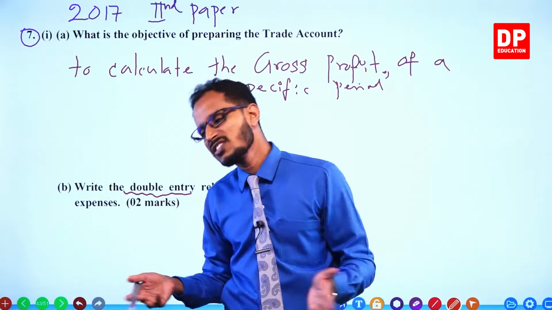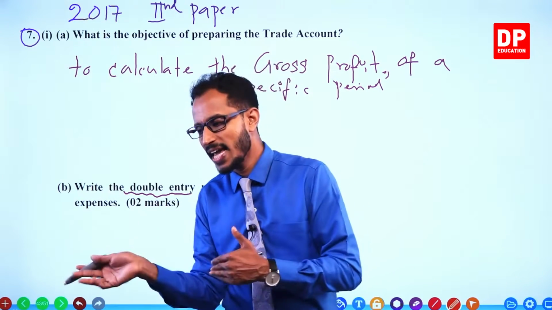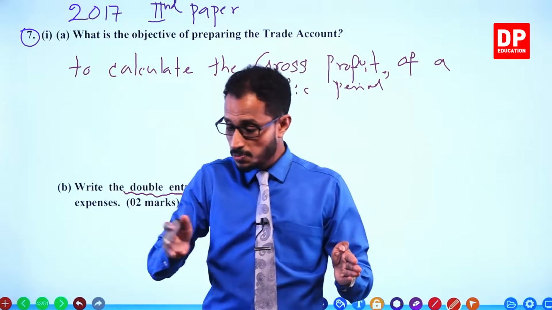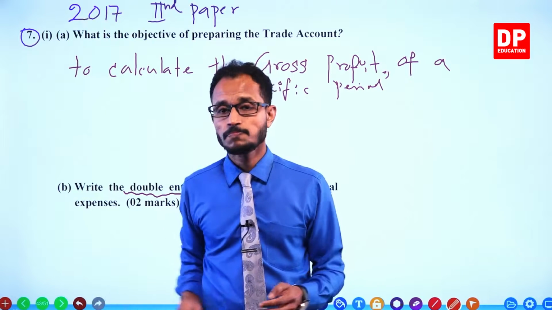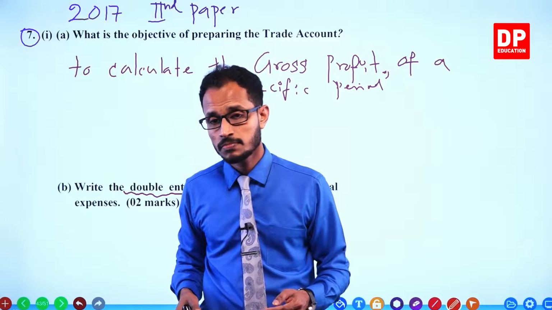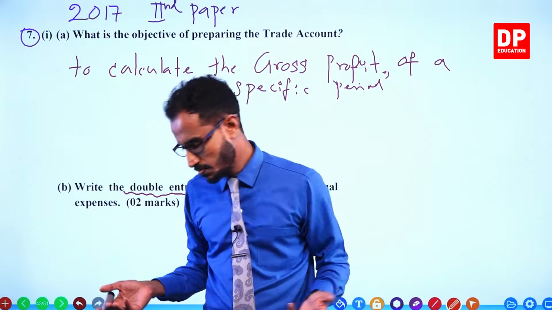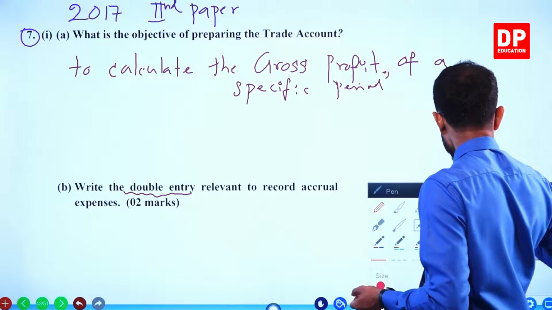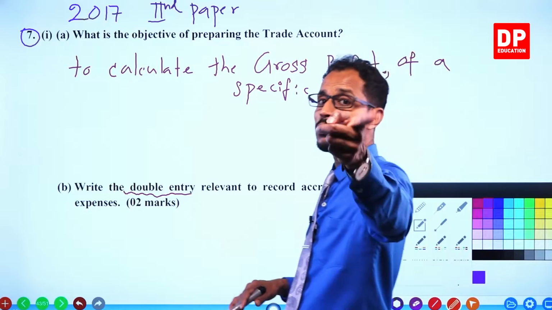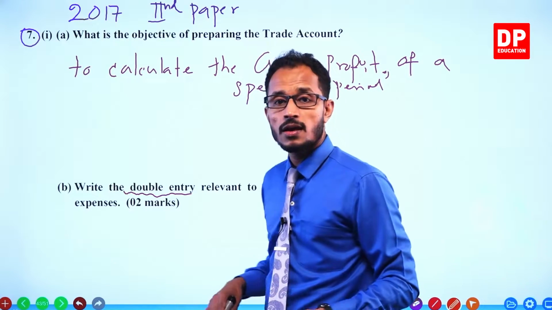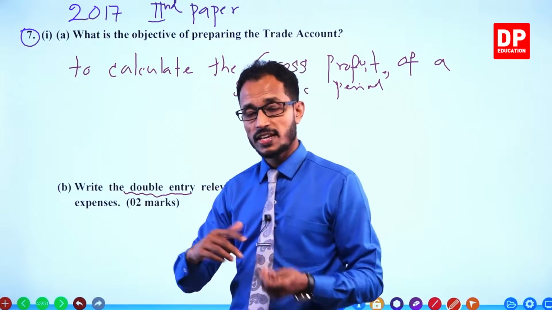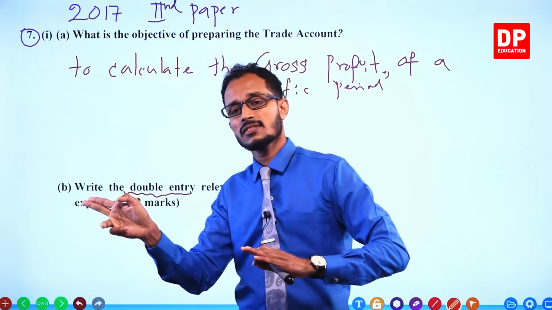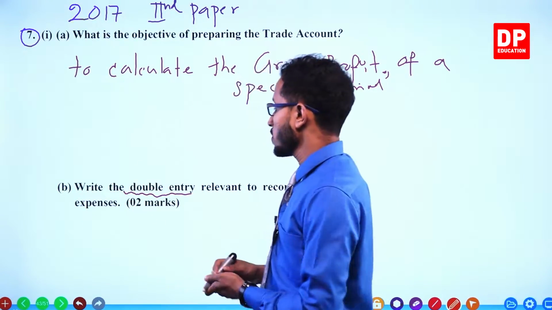Expenses which are outstanding, unpaid, but have to pay. So if expenses are outstanding, unpaid, which means they are liabilities. Very simply saying, liability accounts are always credited. When we get more and more liabilities, liability accounts get credited.